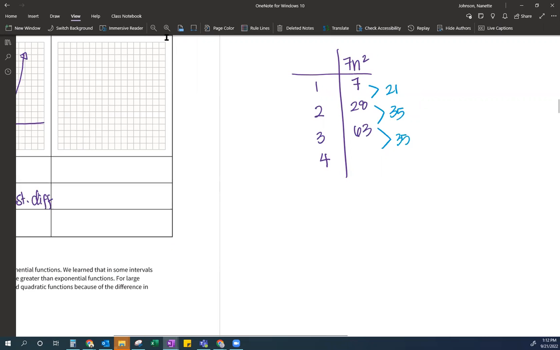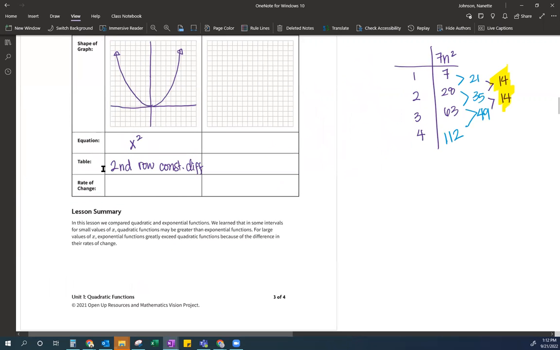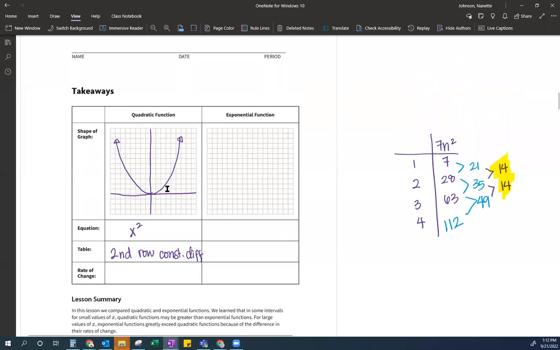So when I say things like the second row of constant difference, see how the second row of differences is the same? That's what I'm talking about. And then the rate of change here sounds funny, but the rate of change is linear.